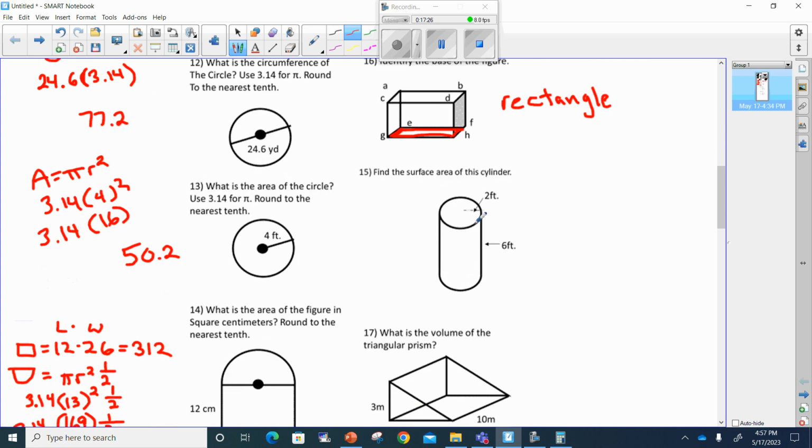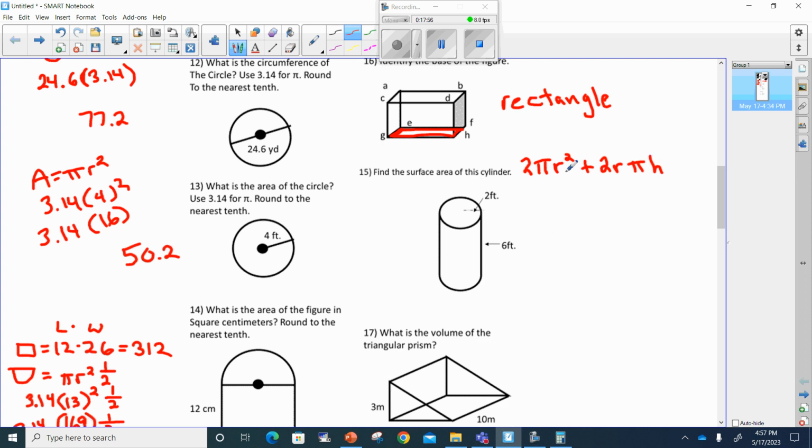Surface area means I need to find the area of 2 circles. We know that the area of a circle is pi r squared. So since I have 2 circles, I'll multiply this by 2. I'm going to add this to the surface area of a rectangle. The rectangle is going to be the height times the circumference of the circle. So the circumference formula is 2 times radius times pi.